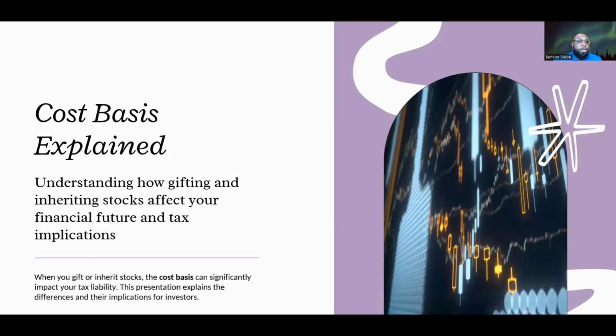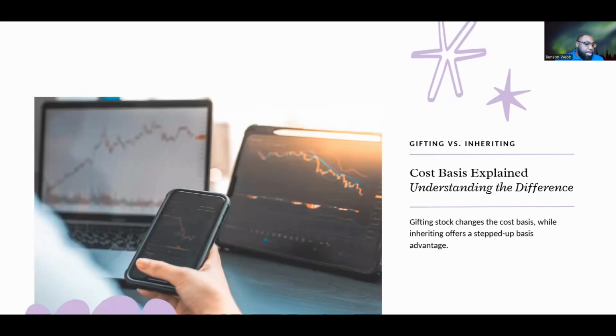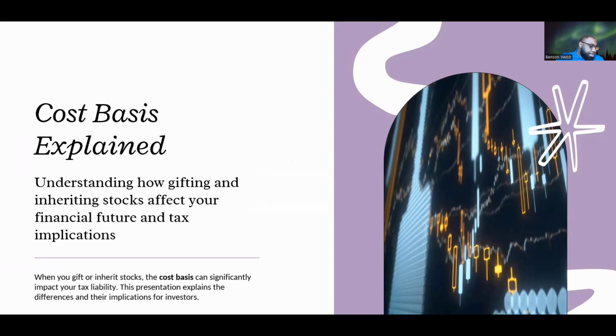For example, let's say you spent $100 to buy GWC stock. Well, $100 is the price you paid. That is your cost basis.